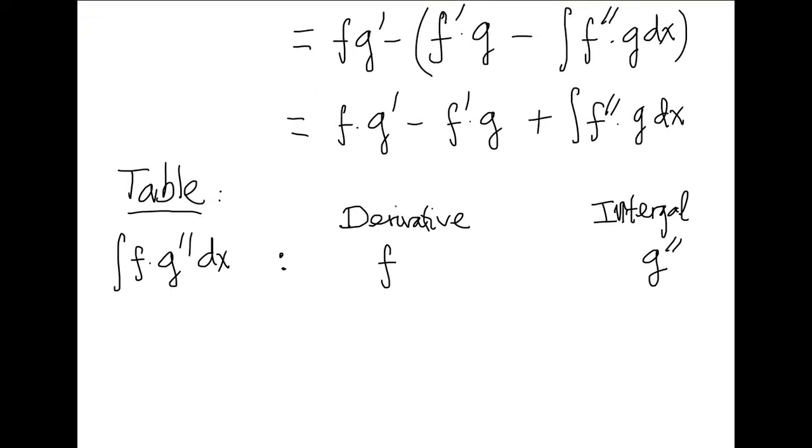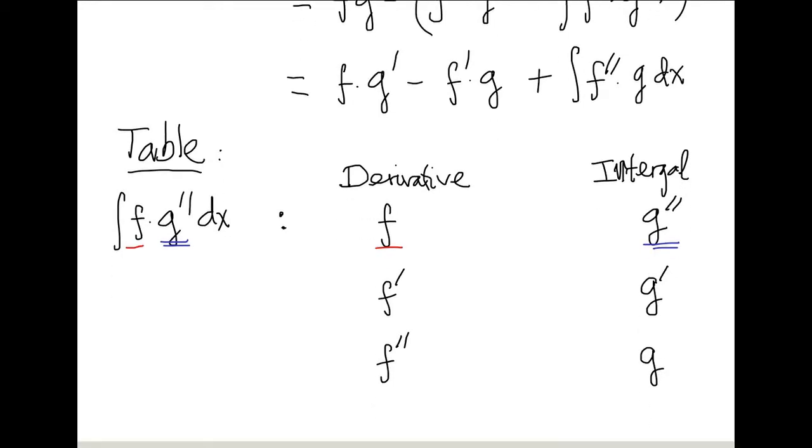The f comes from the factor of f, and g double prime comes from there. Now for the derivative, we keep taking derivative: f prime, f double prime, and for the g we keep integrating. We have this second derivative, we integrate. We have first derivative, we integrate. Another time we have g only, no derivative.